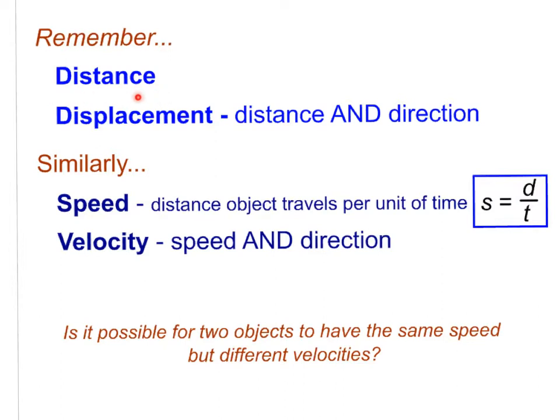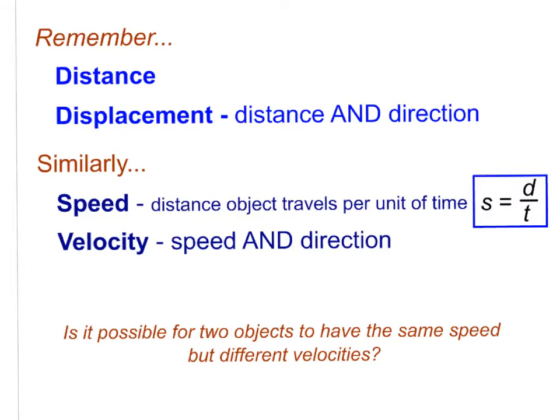So kind of like distance is not as complete because it doesn't include the direction, whereas displacement, we're looking at the direction involved as well. Speed and velocity have a similar relationship in that velocity is taking into account direction. It's like saying it's the speed, but it's also the direction I'm going.